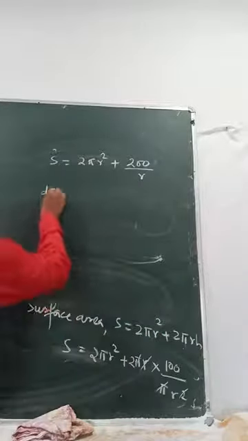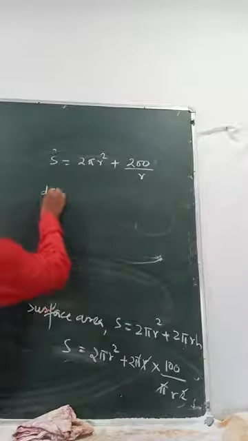So 2 pi into 2r plus 200. So remember 1 by x derivative is minus 1 by x square. If you just remember this, it is always easy for you. 1 by x derivative minus 1 by x square. This you remember. This is always helpful to us. So 1 by r will be minus 1 by r square. That is the value of ds by dr.